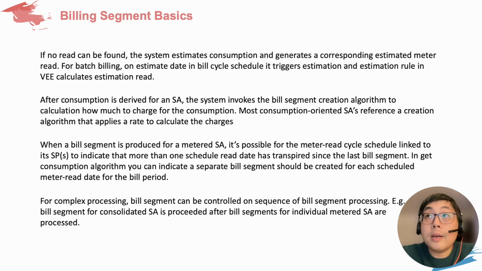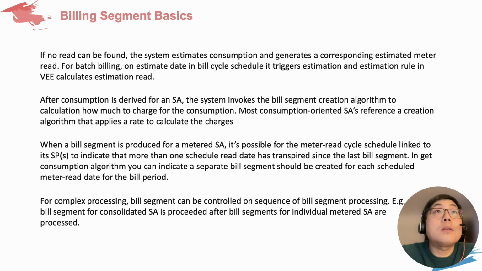The way it does this is that on the usage request there is a flag saying whether it allows estimation or not. If MDM sees that it allows estimation but still cannot get an actual read, then the estimation rule in the VEE will be triggered to calculate the estimation and then return it back to the bill segment via the usage.